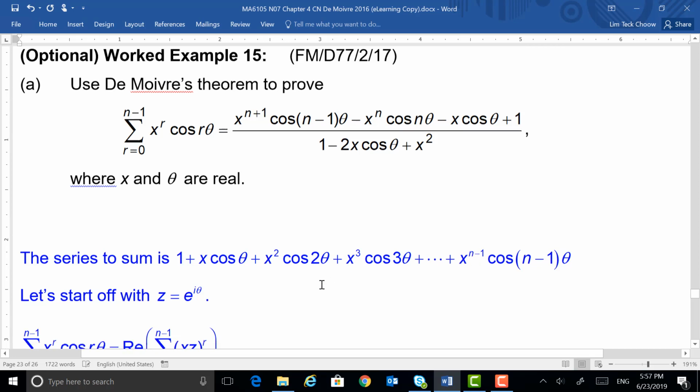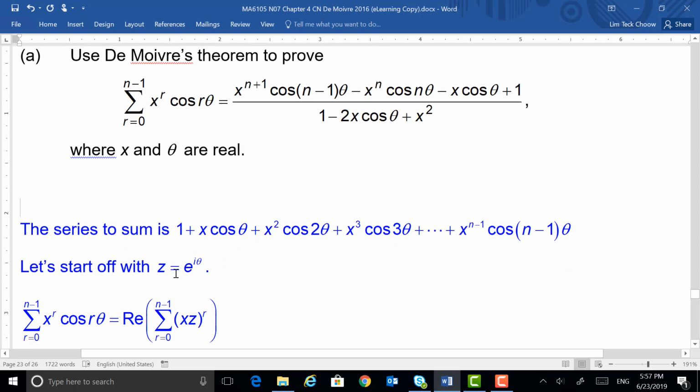So to find the sum, the way to start off is we want to let z be equal to e^(i theta). If you let z be equal to e to the power of i theta, then this expression on the left hand side can be written as the real part of this complex number.